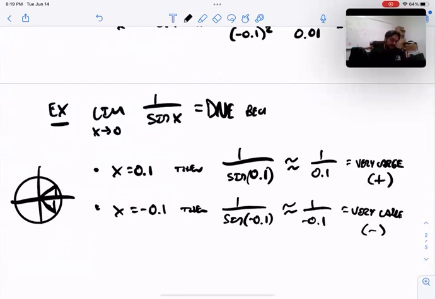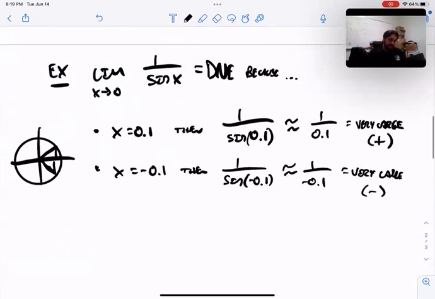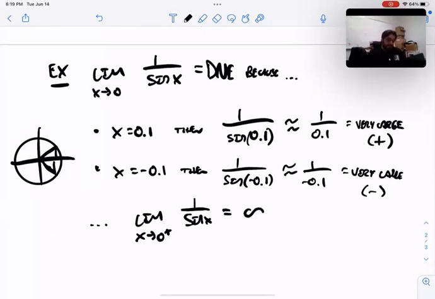Because the left and right hand limits disagree, based on these estimates, these numerical arguments that I made below, right? So you could say the limit as x approaches 0 of 1 over sine from the right is approaching positive infinity, because it's going to be 1 over a small positive number, right?